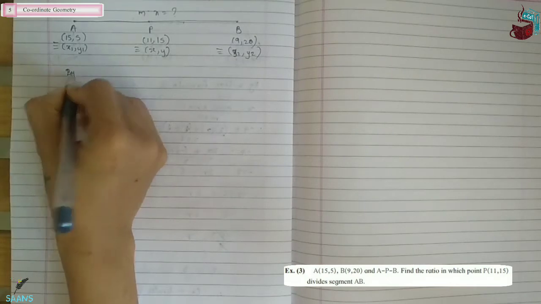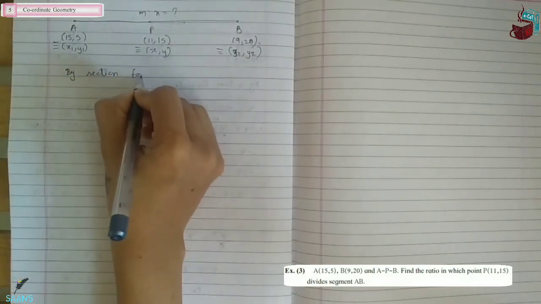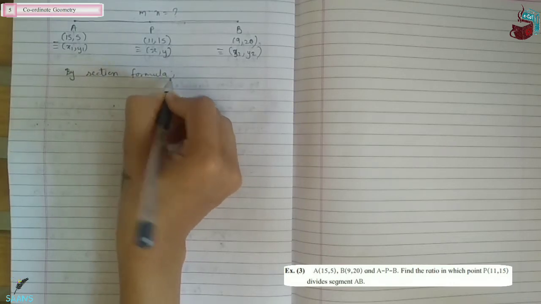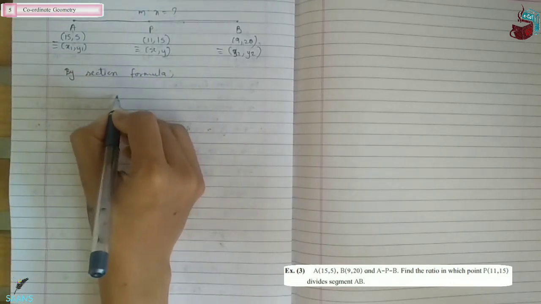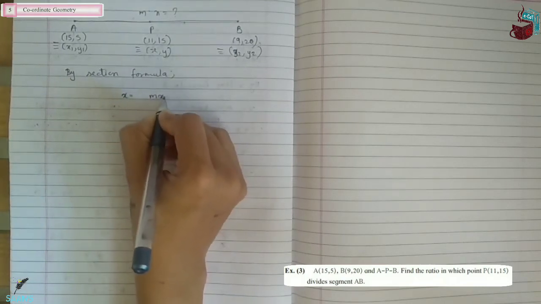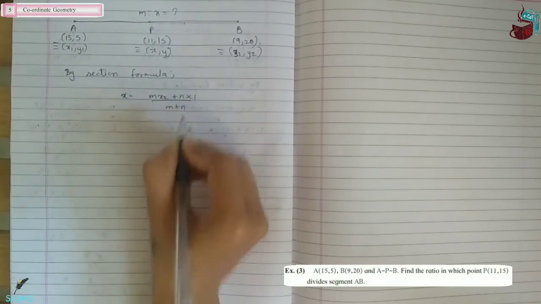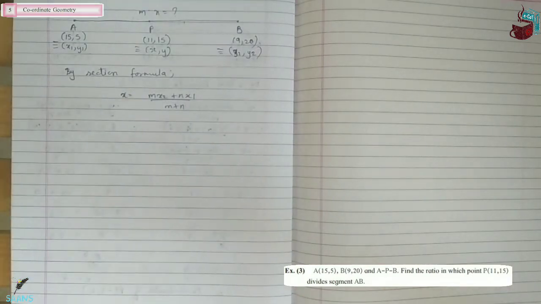I'll show you how. By the section formula, x = (mx2 + nx1)/(m + n).